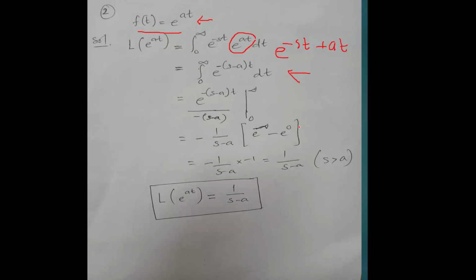In this step, I have taken out minus from this term and minus from this term common. So when I take out minus common, I'm going to get minus (s minus a) t.